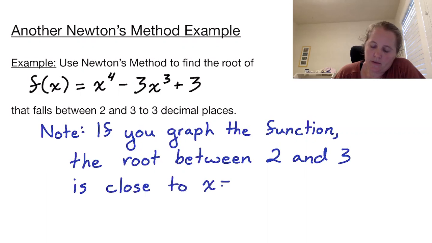It's close to x equals 3. So we will go ahead and set x1 equal to 3. If you don't have a graph, you could pick either end to start, or you could start at, say, 2.5, in the middle of the interval.